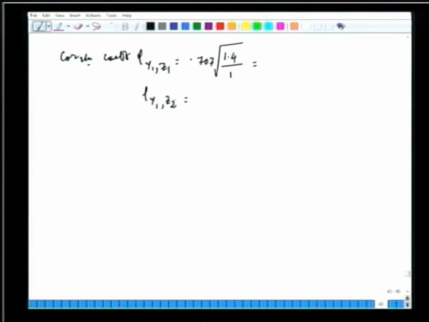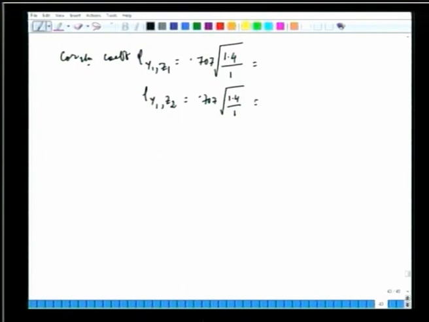So this is going to be the E_ij, that is, I am going to use the first element of the second vector, that is again 0.707. I will consider root of 1.4 and 1 here.